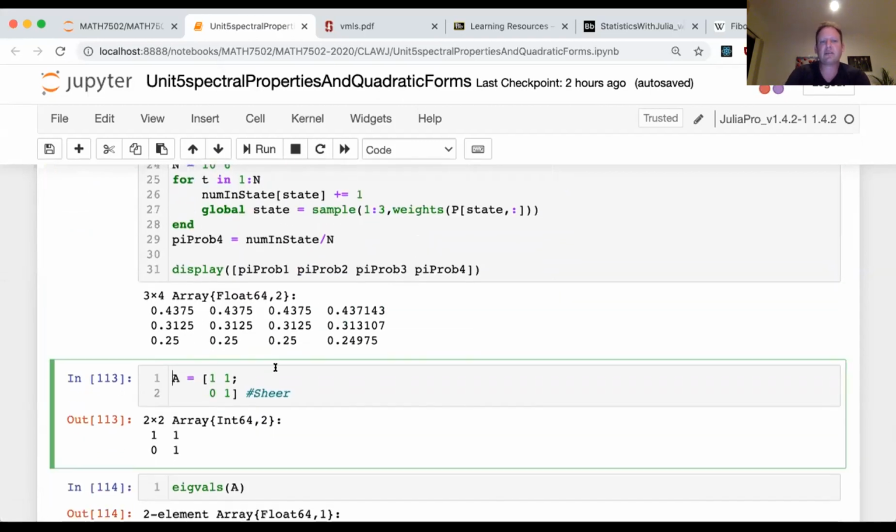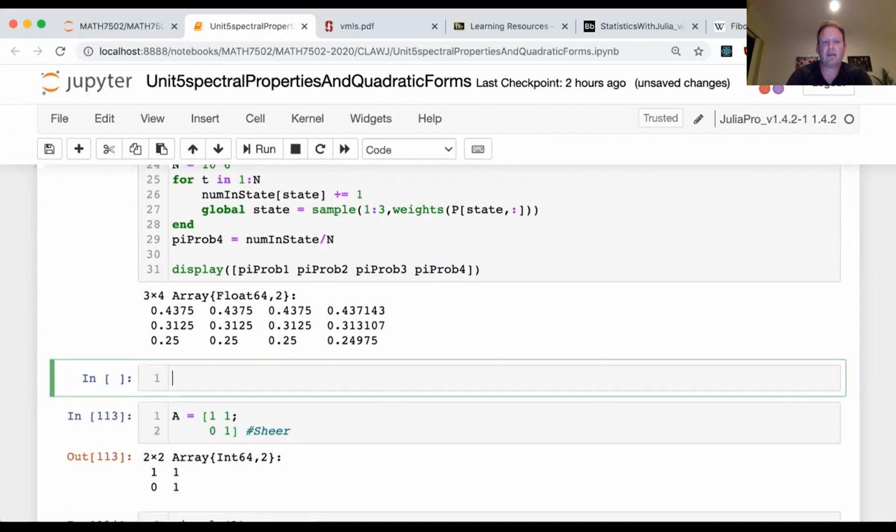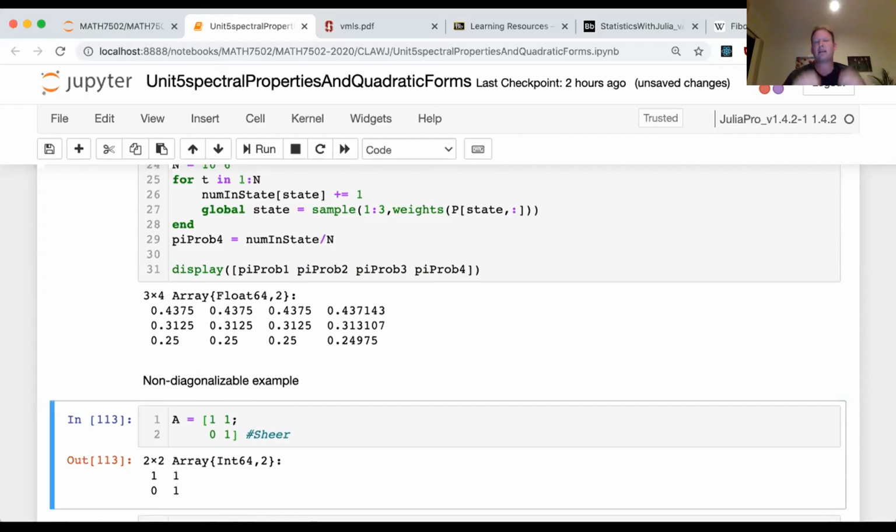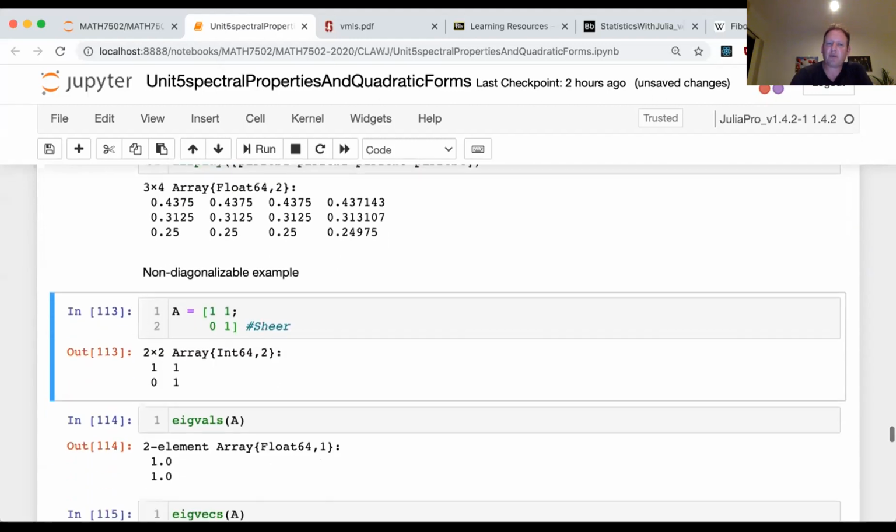Now, here's another example, and this is a shear matrix. This is a non-diagonalizable example, a case where the similarity transformation between the matrix A and the diagonal matrix of its eigenvalues does not work.